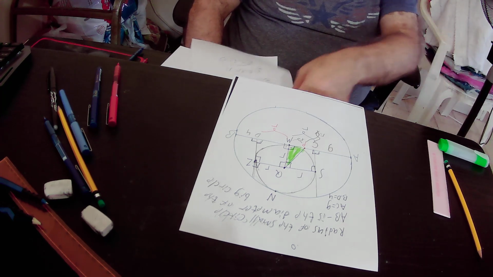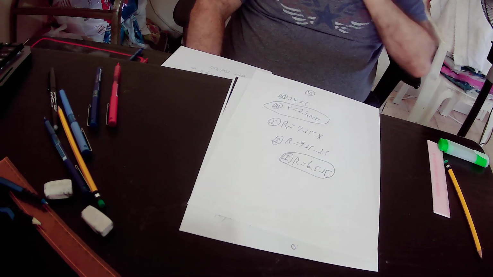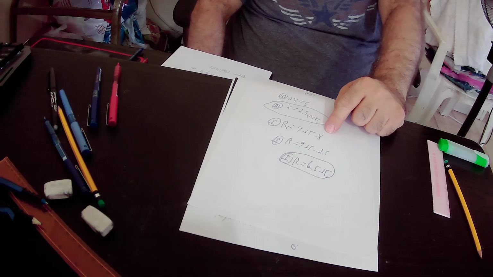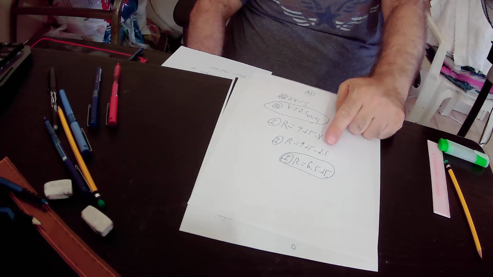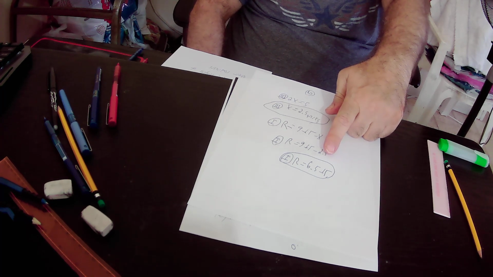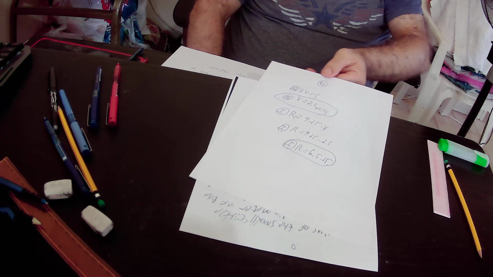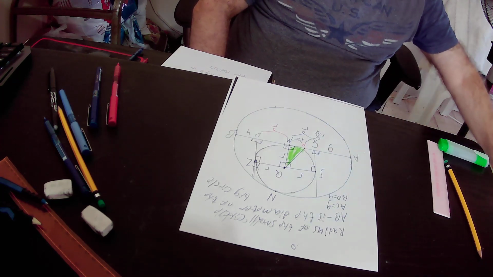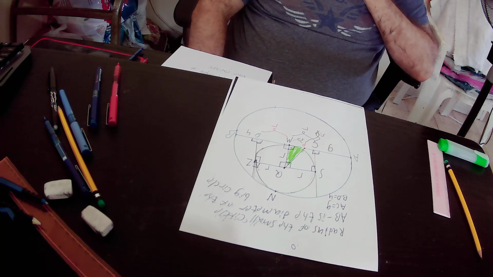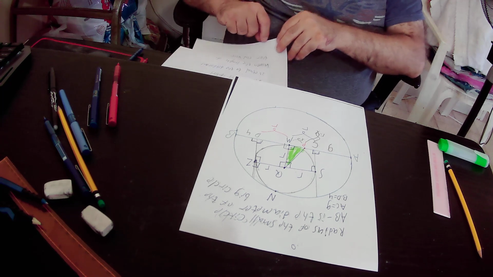We found out that x equals 2.5 units, and then we substituted x in equation number 1 by 2.5 units, and we got the radius of the big circle equals 6.5 plus small r. Okay, so that is the first expression for the radius of the big circle.